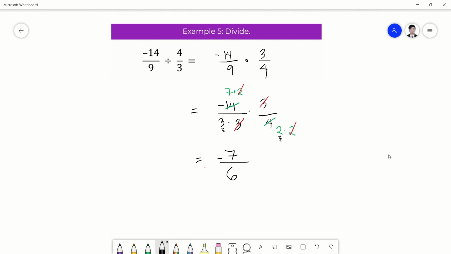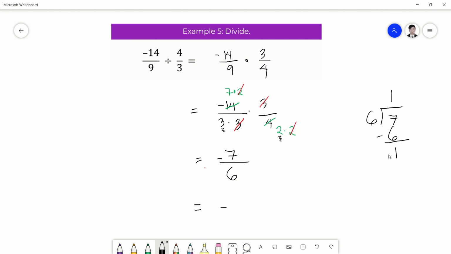If you notice, this is an improper fraction because the numerator is greater than the denominator. Do not mind the negative when you compare the 7 and the 6. 7 is greater than 6. That means we can still write this as a mixed number if you are instructed. There's one 6 in 7, or you can think of it as following the long division, if you remember. 7 divided by 6 is 1, then 1 times 6 is 6, and then we subtract to get 1.